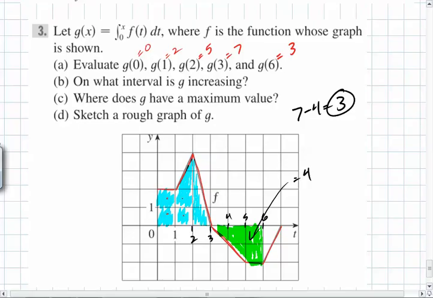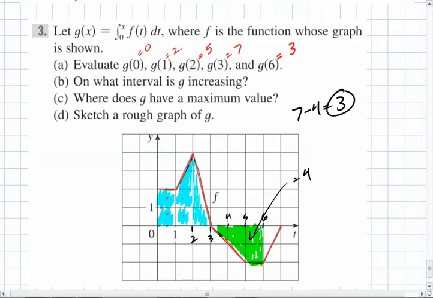So what happened there? From 0 all the way to 3, what's happening to the g values? They are going up. So on what interval is g increasing? 0 to 3, right? Because from 0 to 3, you're always adding area, because this function is always above. But then what happens? It goes below, so where's it decreasing? 3 to 7.